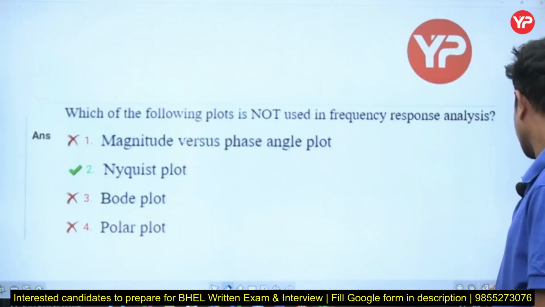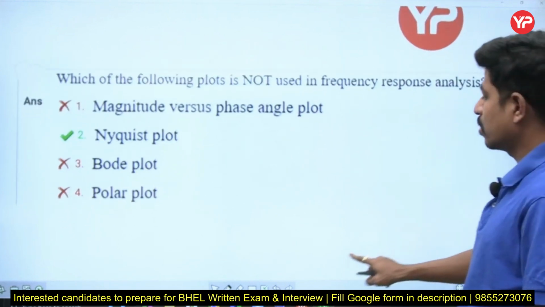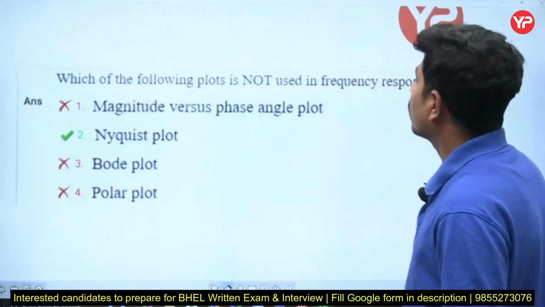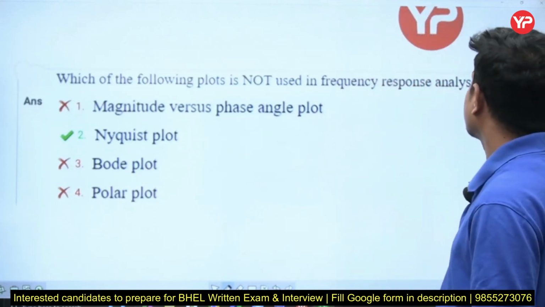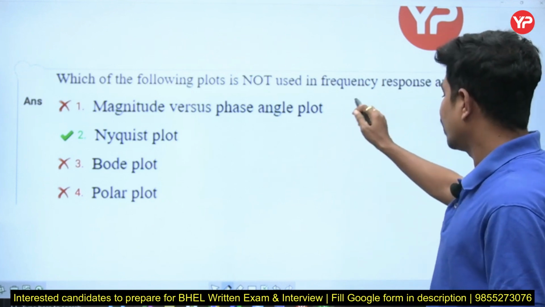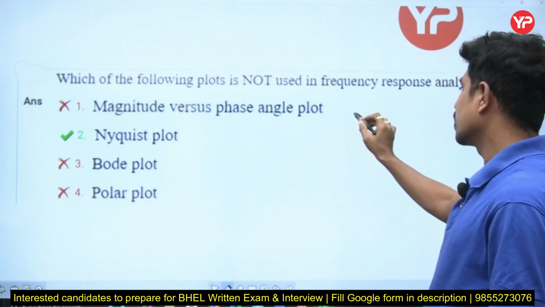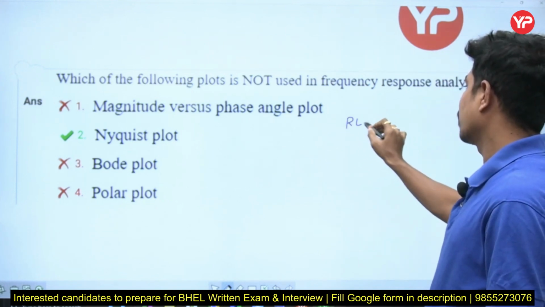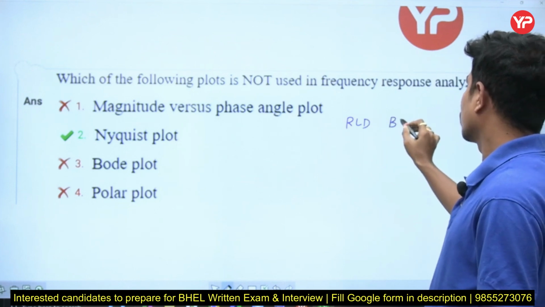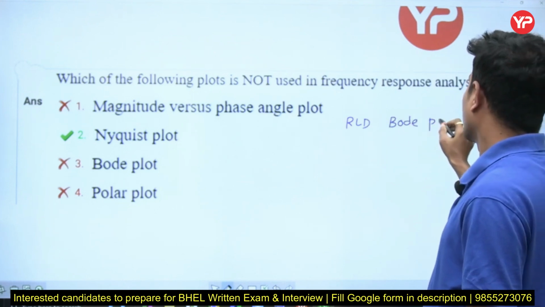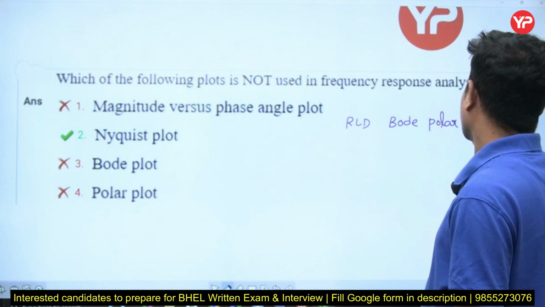Let's go to the next question please. Which of the following plots is not used in frequency response analysis? First of all, let's list out all the plots. First we learn the root locus diagram, then Bode plot, then polar, then Nyquist.